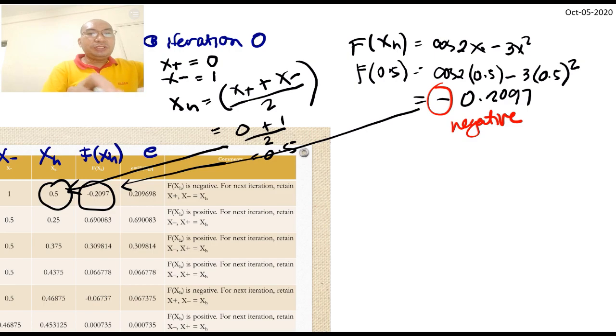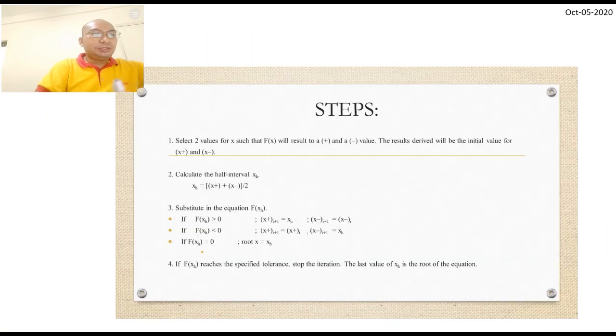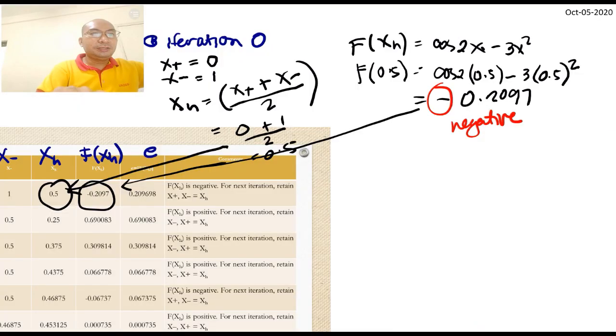So according to our rule in the previous slides, if the function is less than 0, your x plus will retain and your x minus will be the value of your xh. Again, we will write that here.